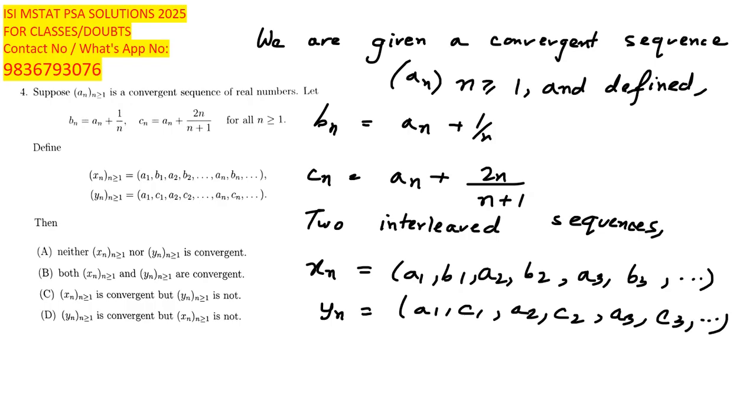So now first we are told what? We are told An as n tends to infinity. Now we have to see the behavior of Bn also.